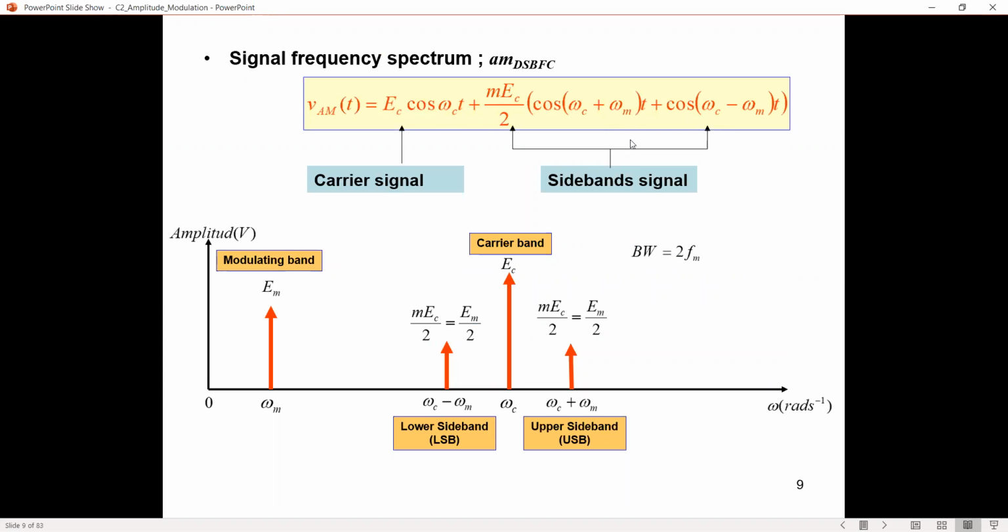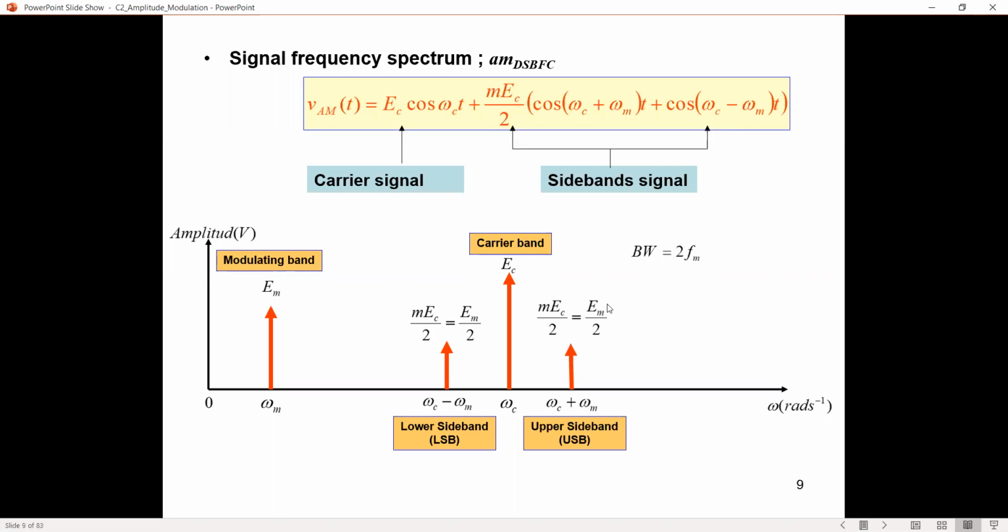The sideband signal frequencies are omega C plus omega M and omega C minus omega M. The lower sideband is omega C minus omega M, and the upper sideband is omega C plus omega M. The amplitude of our new sideband signals is m EC over 2, the same for both lower sideband and upper sideband. So m EC over 2 is also equal to EM over 2.